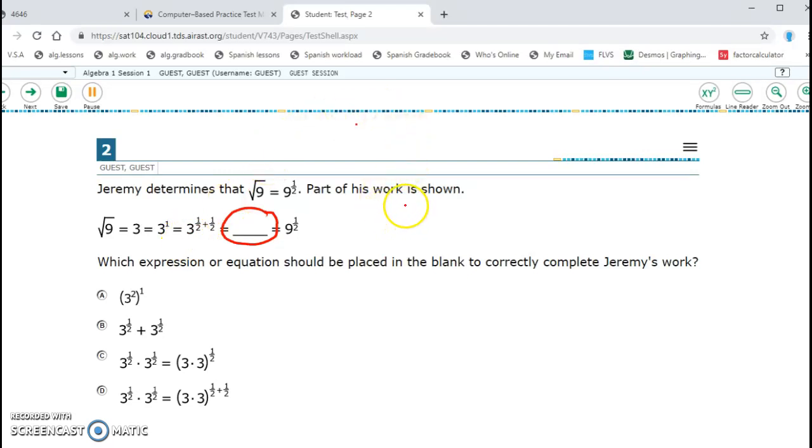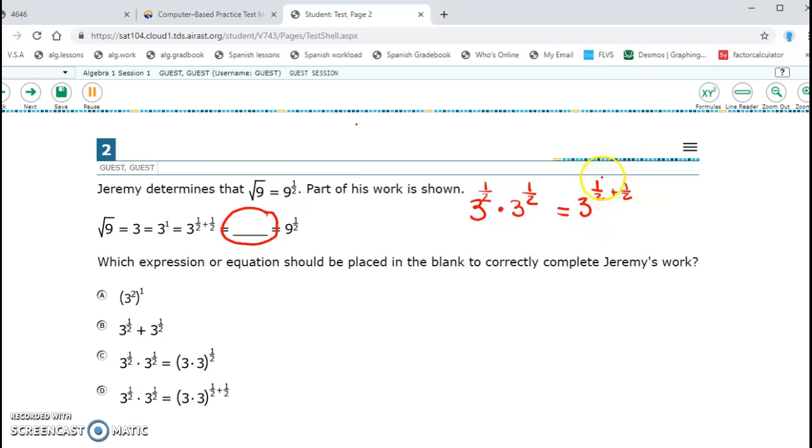If I have 3 to the power of 1/2 times 3 to the power of 1/2, I can add the exponents together, right? So that would be 3 to the power of 1/2 plus 1/2, okay? All they're doing is doing it backwards.